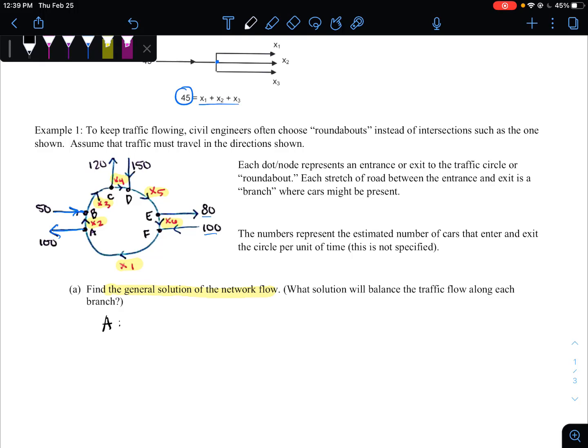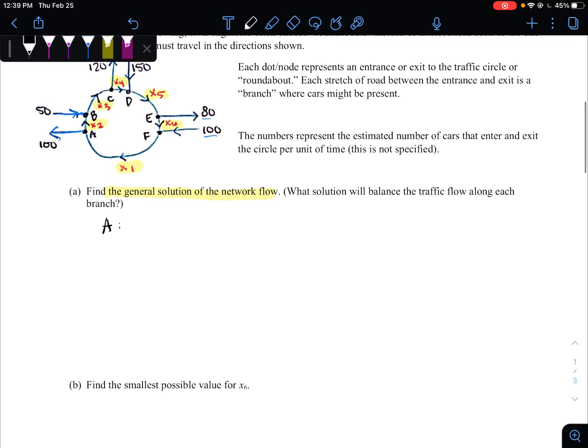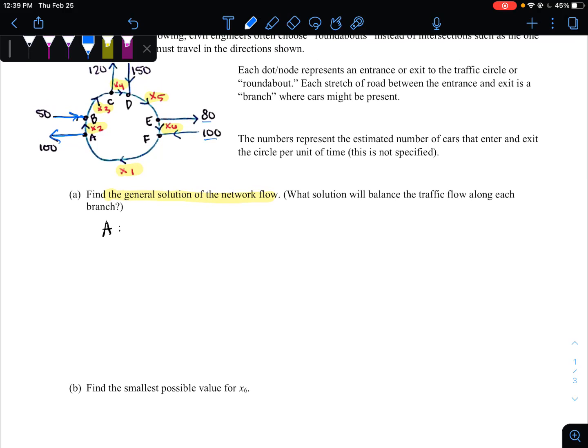So for example, for node A, I notice that what's coming in is x1. So wherever the cars were before, if they ended up on x1, they're coming into node A. The rate out, 100, will be leaving, but whatever else is left will be going on the path x2.